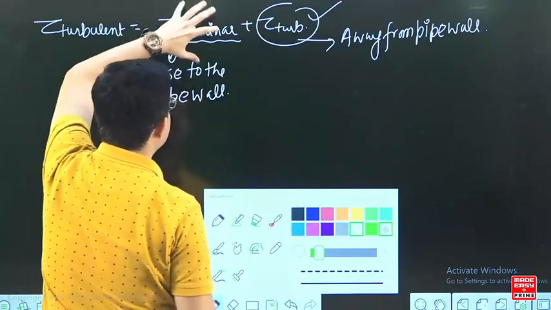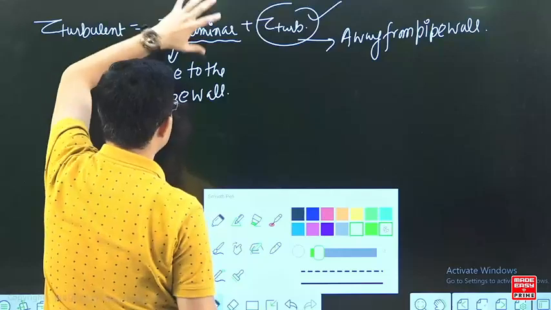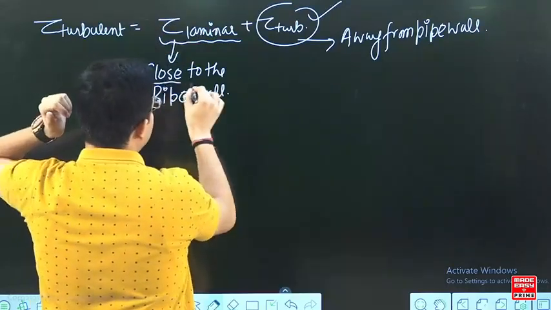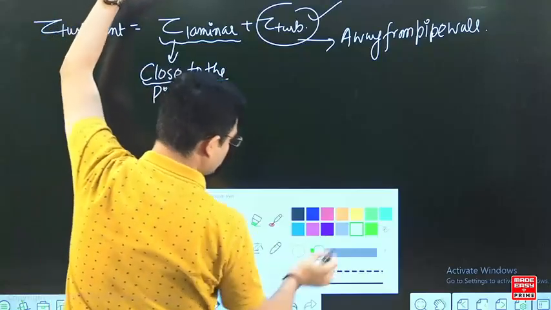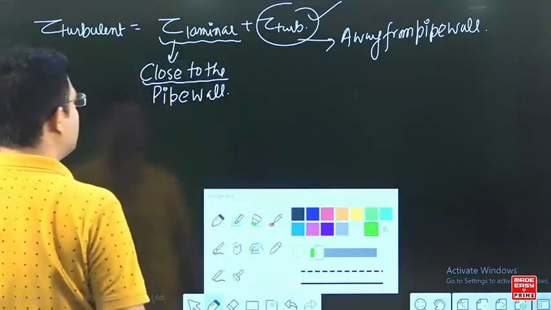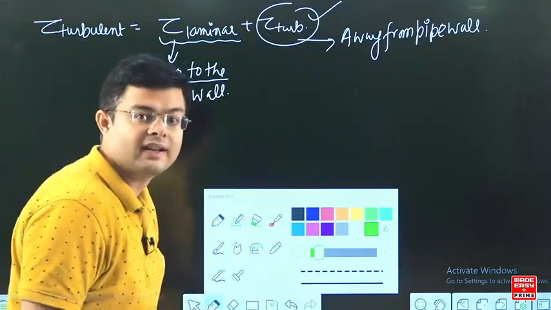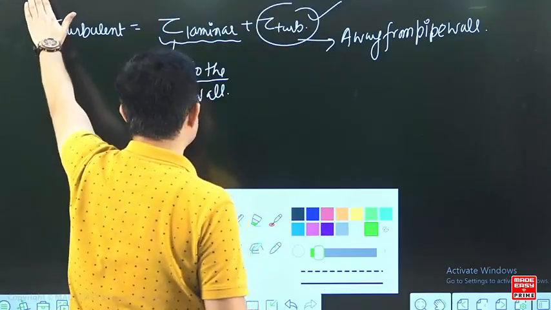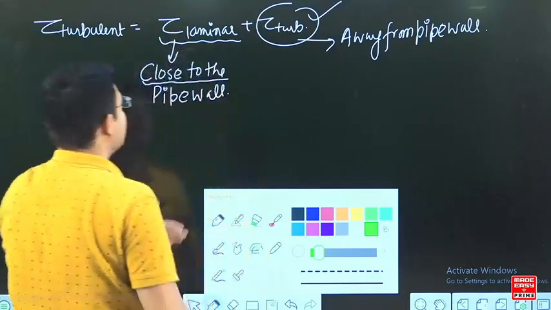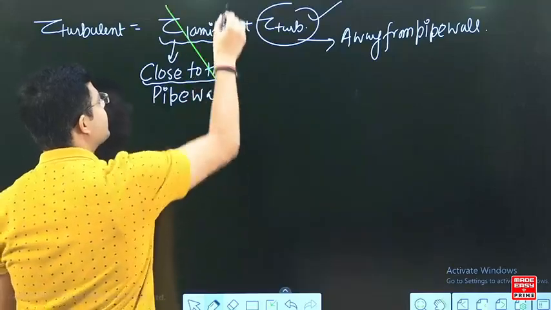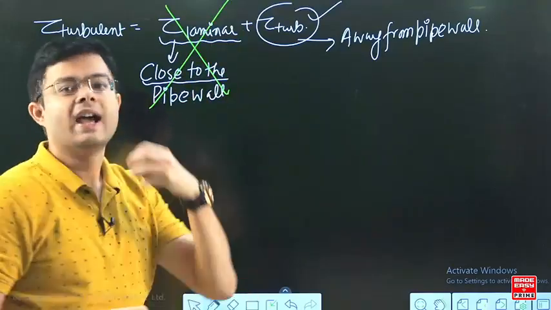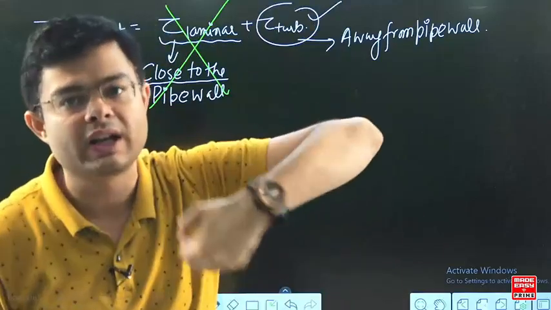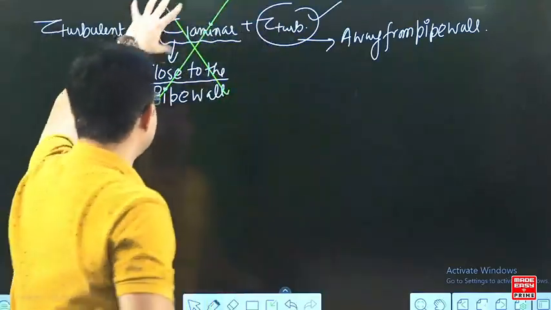the shear due to laminar, or the laminar sublayer region, will be present in only a very small region which is close to the boundary or close to the pipe wall. So what the scientists are saying is that this plus this is the total shear in turbulent flow, but as this laminar sublayer is very, very small, we are going to neglect the shear due to laminar.